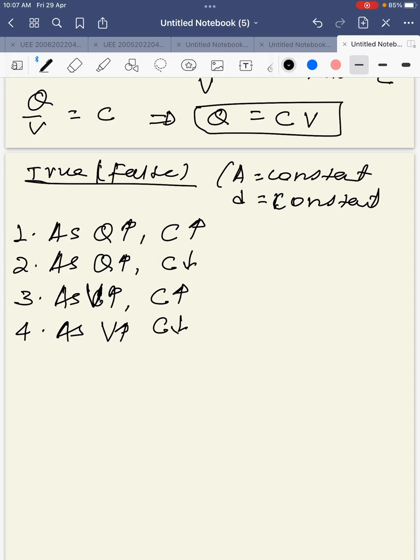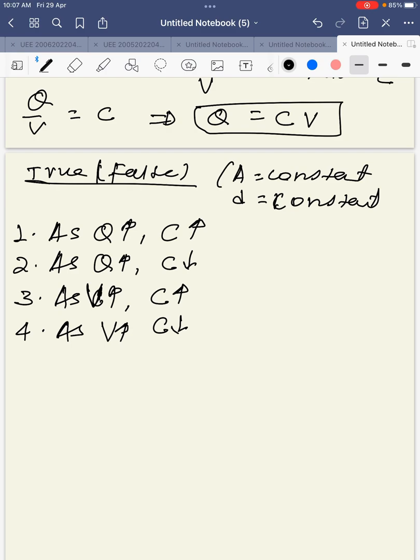Let me repeat it again. Assign the water as the amount of charge. The container that stores the water is the capacitor, and the level of the water in the container is analogous to what? The voltage between the plates.